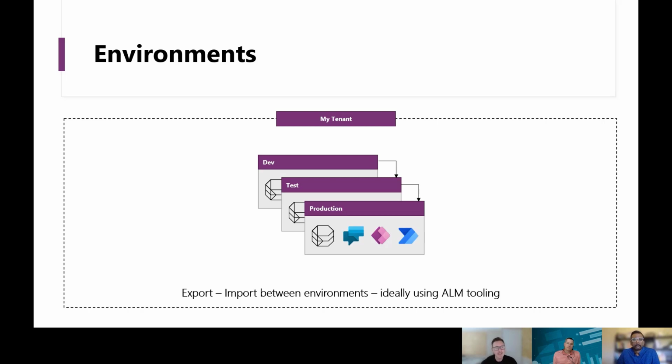That environment container is the container for all your source, and it can get packaged up and moved between environments with a tool we call solutions. We'll go into that in a minute.